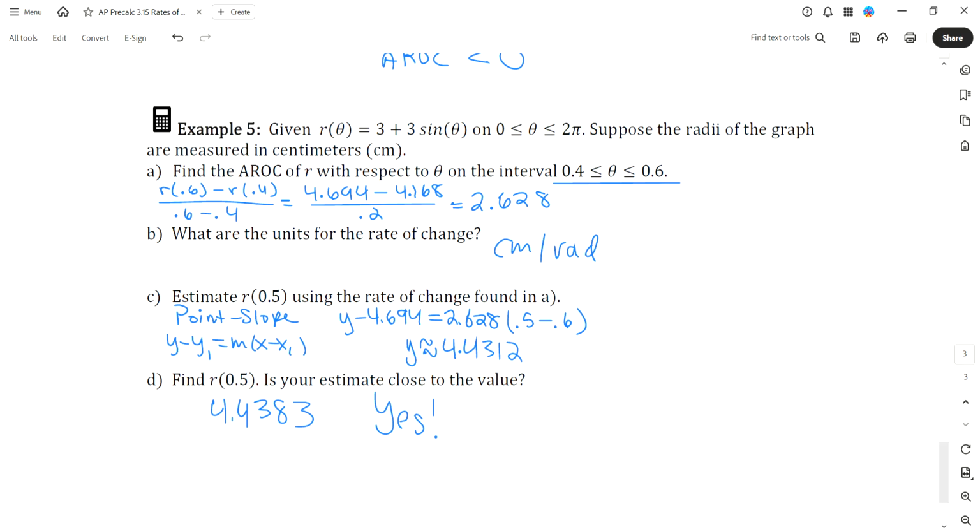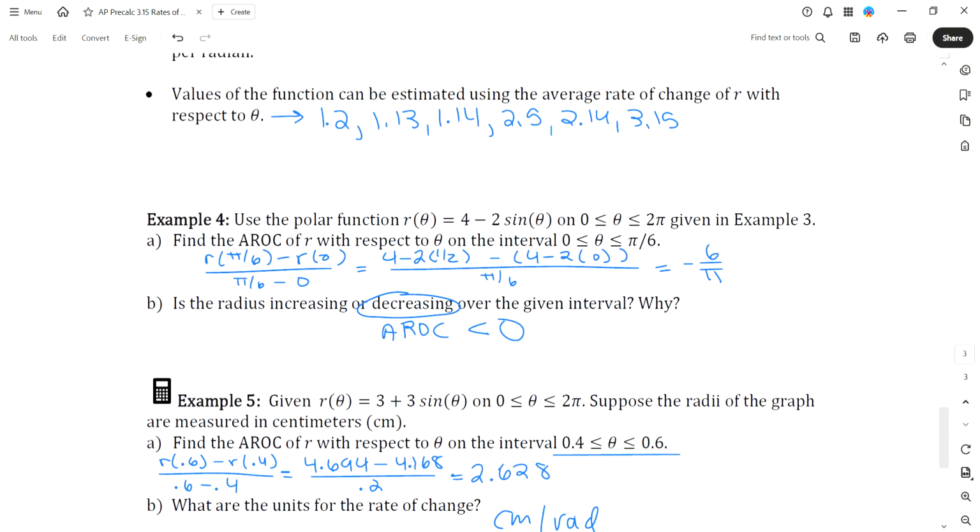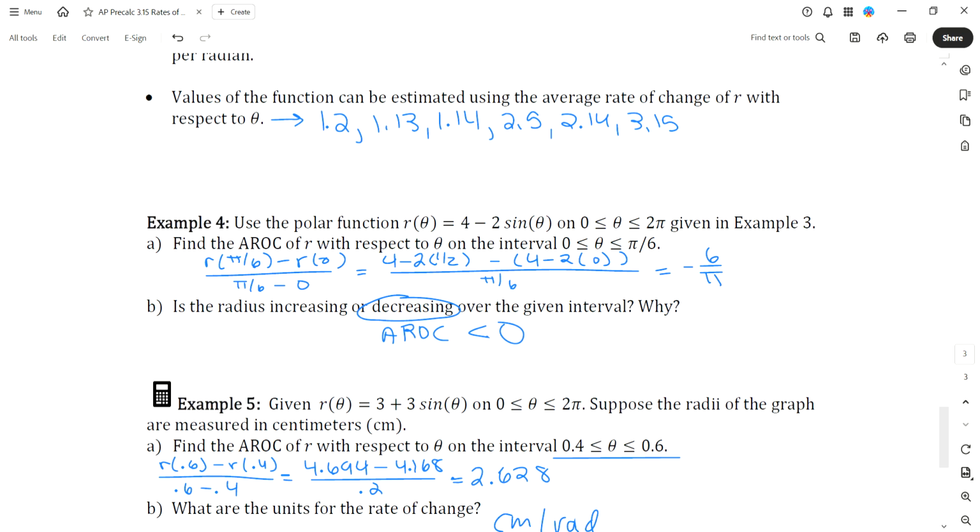If you circle those topics that I talked about earlier on that sheet, you will see a little breadcrumb trail from the beginning of the course to the end of the course about where we can use the average rate of change to estimate other values of a function. So it's sprinkled throughout. The process is the same.